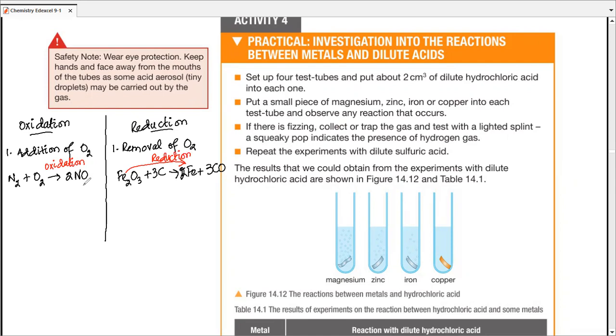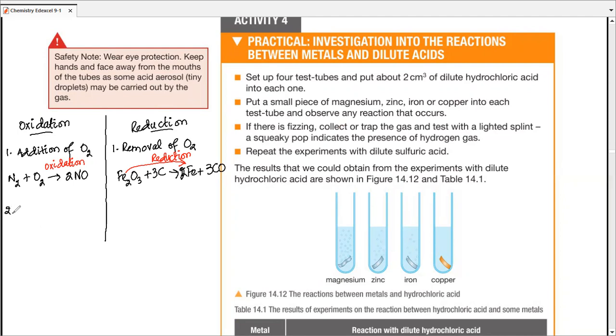But not every reaction has oxygen included in it. What if a reaction has no oxygen being added or removed? We would then be bound to not call them oxidation or reduction, and that won't be true. So we needed to come up with another kind of definition to still call such reactions oxidation or reduction reactions, even when they never involved any oxygen.